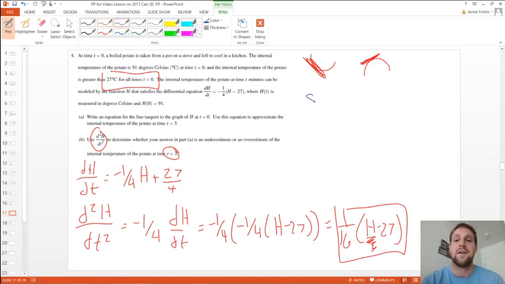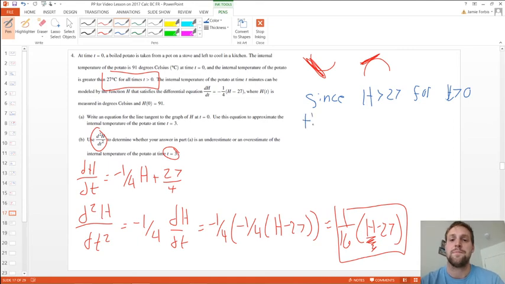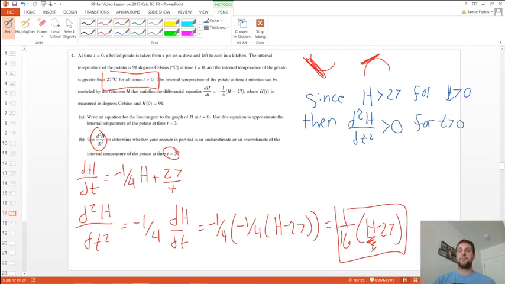I'm going to say since h is greater than 27 for all time greater than 0, then my second derivative, d2h over dt squared, is going to be greater than 0 for all time greater than 0, which includes time equals 3.